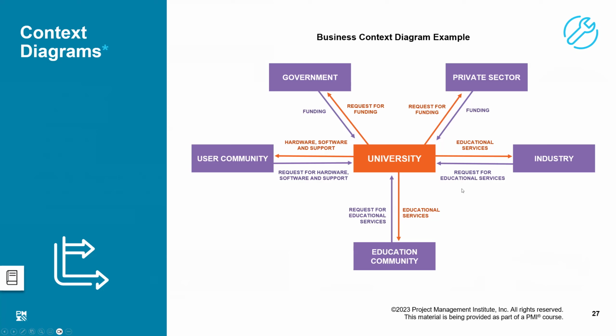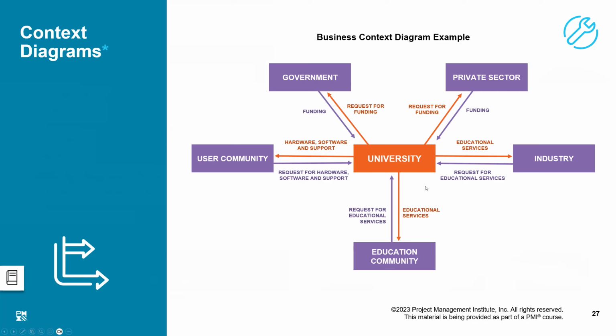But with the user community, they request the hardware, software, and support, and the university provides that. Government provides funding, you ask for it. And similar is the case with the private sector. So this is a very broad diagram.